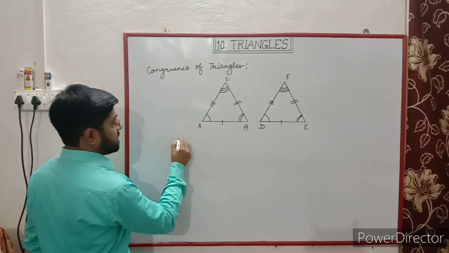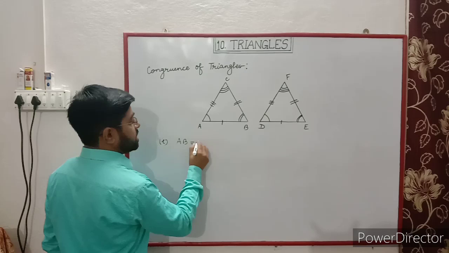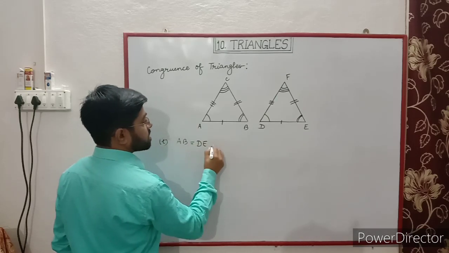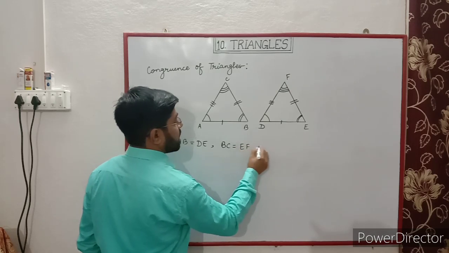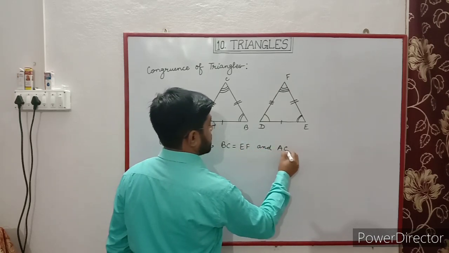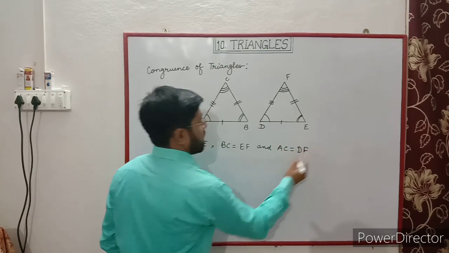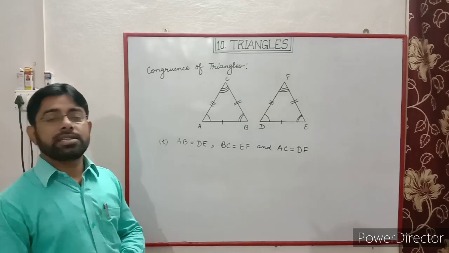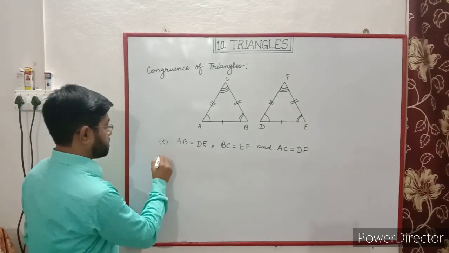So from the given figure, AB is equal to DE, BC is equal to EF and AC is equal to DF. And the second point, their corresponding angles are also equal.